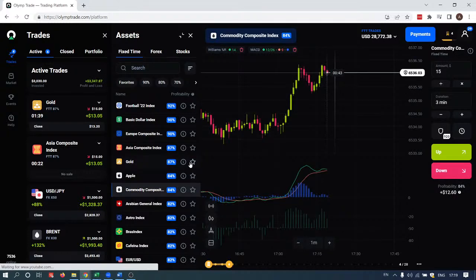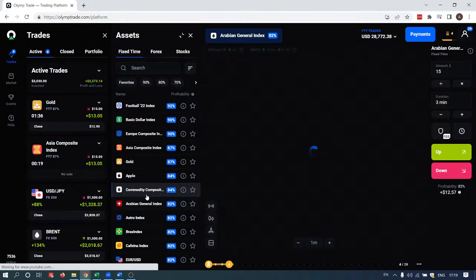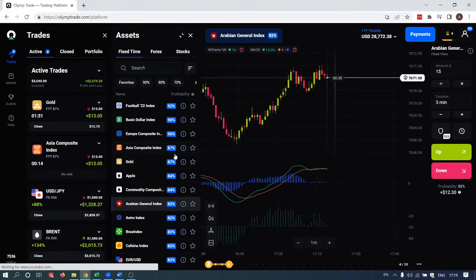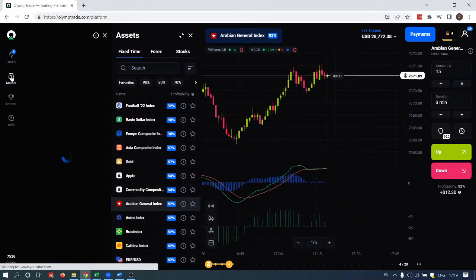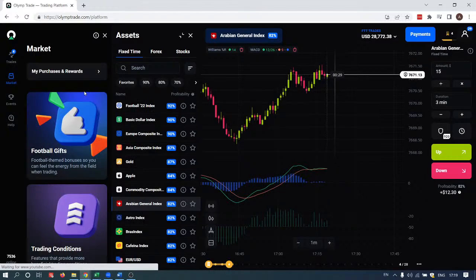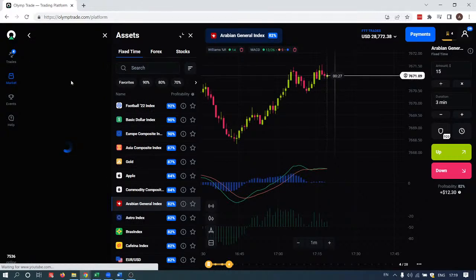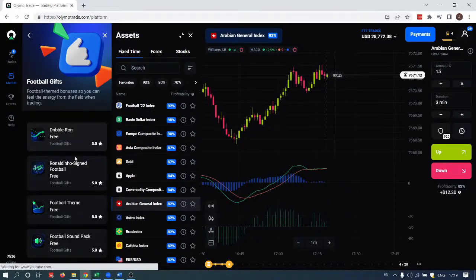So about 1 minute FTT trades. Yes. Well, actually, we have a few trading strategies. I think I saw it today in the market. In the market, we have this new feature, which is football gifts from Ronaldinho, and I think it was this one, the football sound pack. Okay, should I enable this?